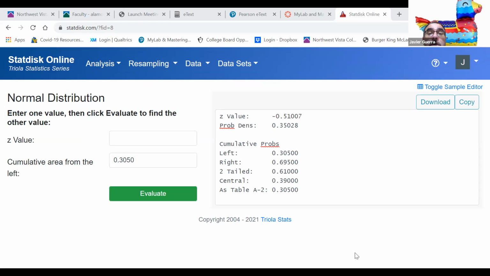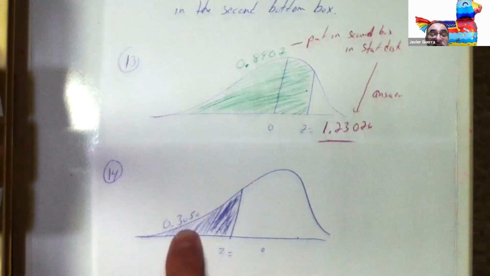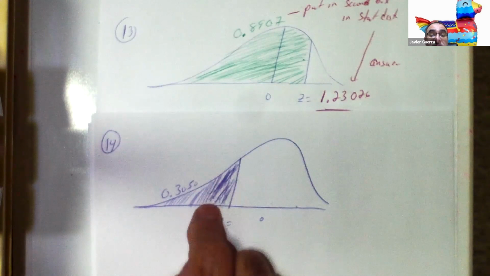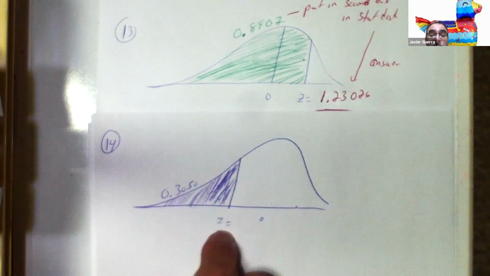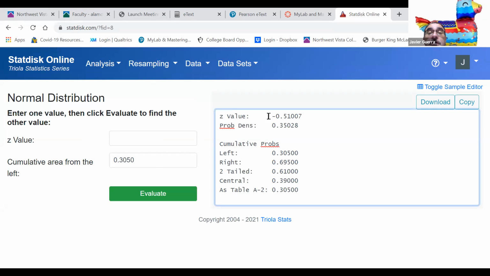All right, so here's what I did. I drew the picture. Because it's already shaded to the left, I'm just going to put this number into StatDisk, and I'm going to get the number. So when I put in 0.3050, there's my answer.